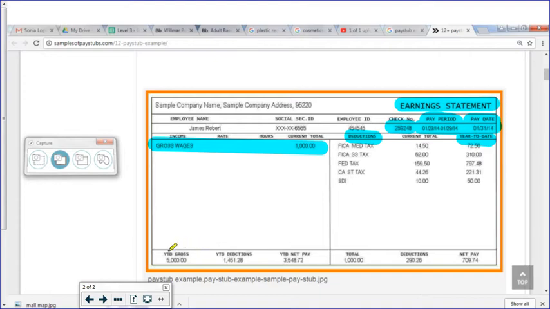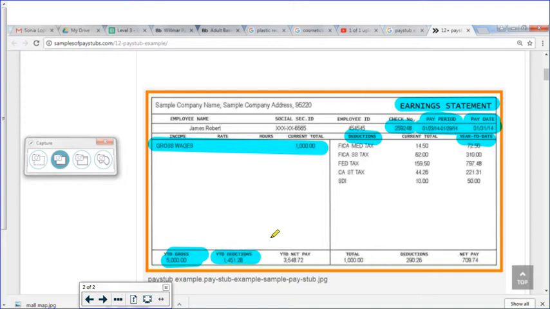Down here we have year to date gross earnings. How much has this person earned so far this year? Gross pay before deductions, $5,000. How much has been taken out of the $5,000 to pay all of those deductions?